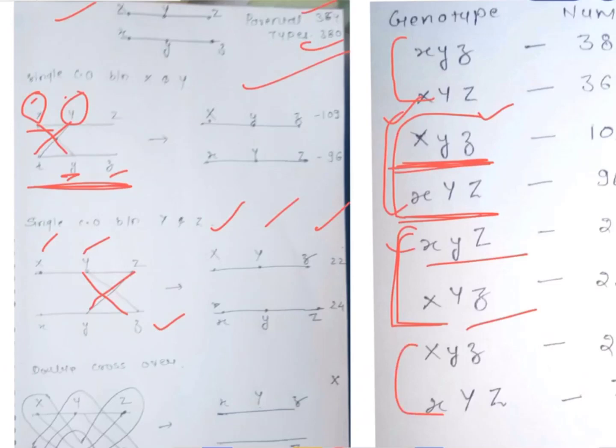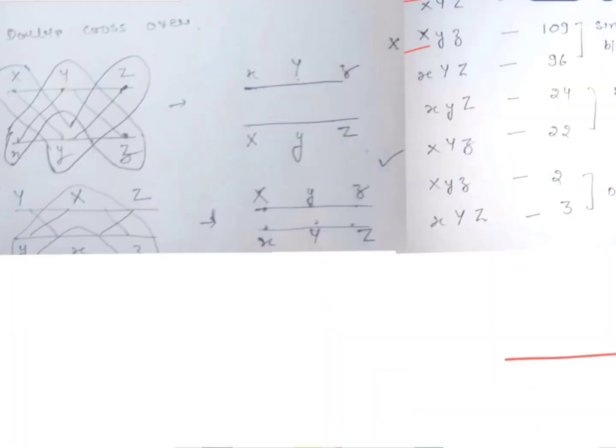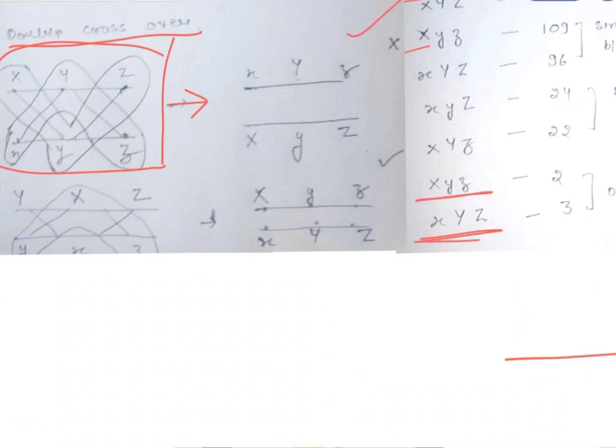Now if we talk about the double crossover, suppose the parental genotype has the gene order XYZ. Then the double crossover genotype would be small x, capital Y, and small z. But here it is different, right? It means this sequence is not correct.